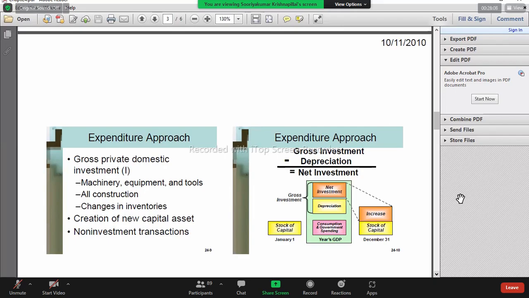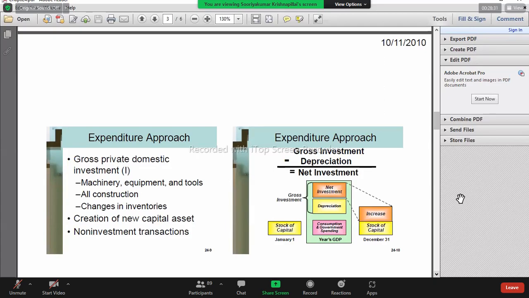Capital assets mean machinery, equipment, tools, construction, building, and inventory. So creation of new capital assets is investment.